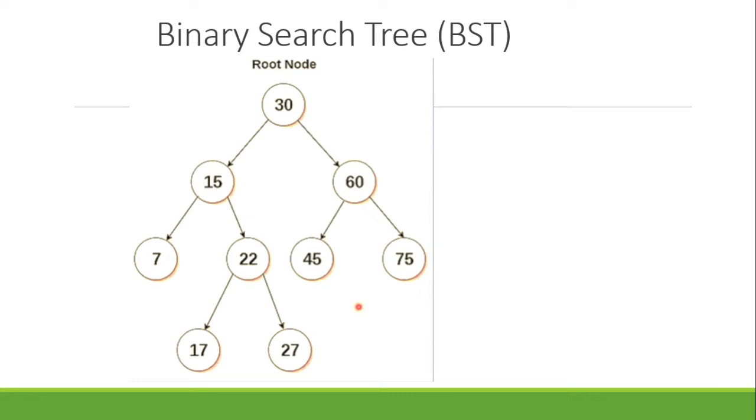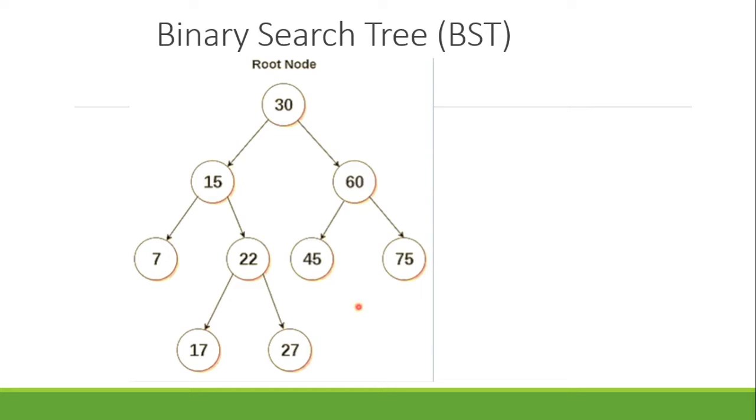For example, if we are storing data of students in a database, every student has a roll number starting from 1 to 64. Then the numbers 1 to 64, that is the roll number, can be used as a key, a unique number that can be used to identify each student.